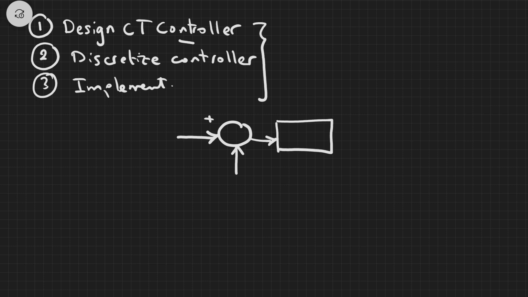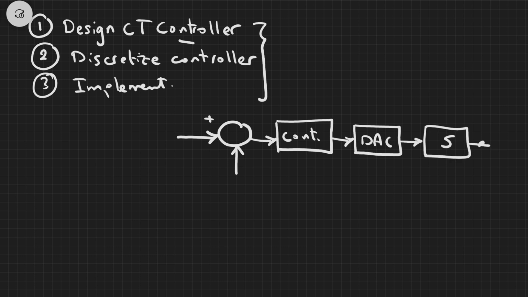If this is your digital controller, the output is going to pass through a digital to analog converter, and then to the system and whatever feedback sensor you have here, and back to the input. Something that we have not considered is the effect of the digital to analog converter.